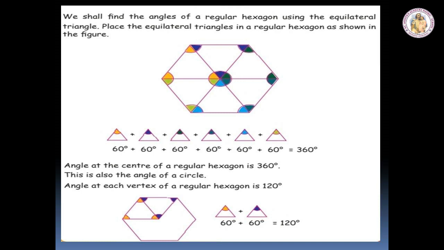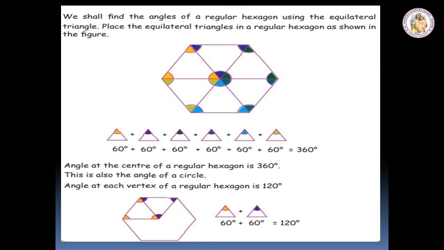If you see the figure shown on the slide, you will get 6 angles at the center. That means you will get 6 triangles. From the center, if you note, 1, 2, 3, 4, 5, 6 triangles will be there. Each is 60 degree. If you add everything, you will get 360 degree.